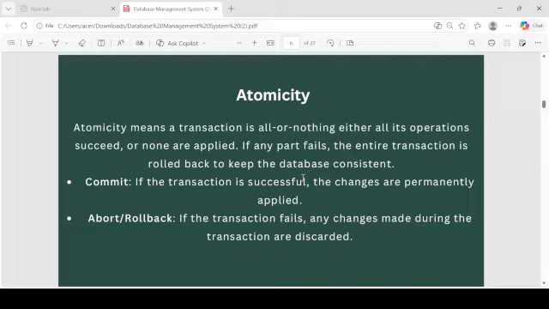If the transaction is successful, the changes are permanently applied, and this is known as commit. And if the transaction encounters some error, then it is known as rollback or abort. If the transaction fails, any changes made during the transaction are discarded, and this is known as rollback. So this is the atomicity property in DBMS.